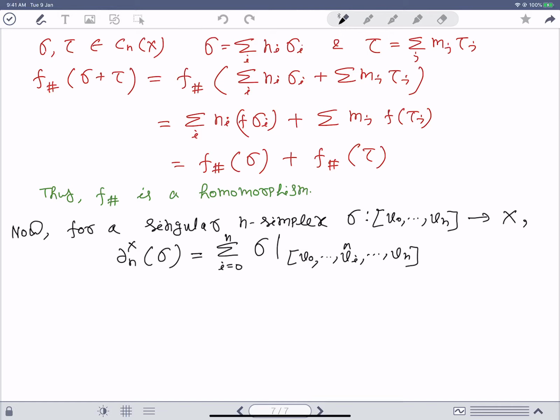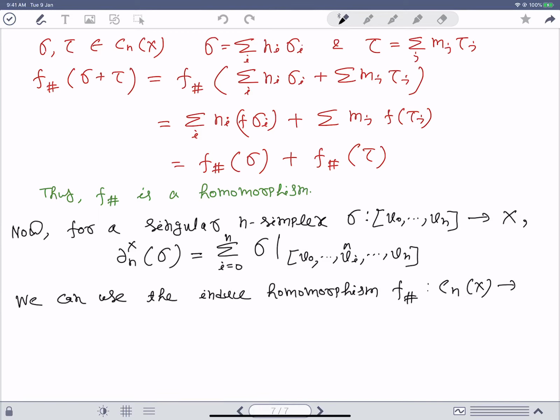Now we can use the induced homomorphism f hatch from Cn x to Cn minus 1 x to Cn minus 1 y.